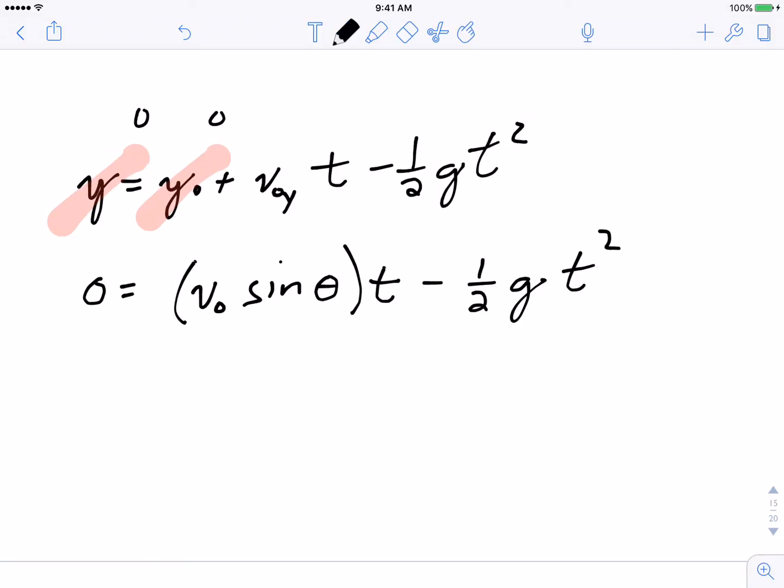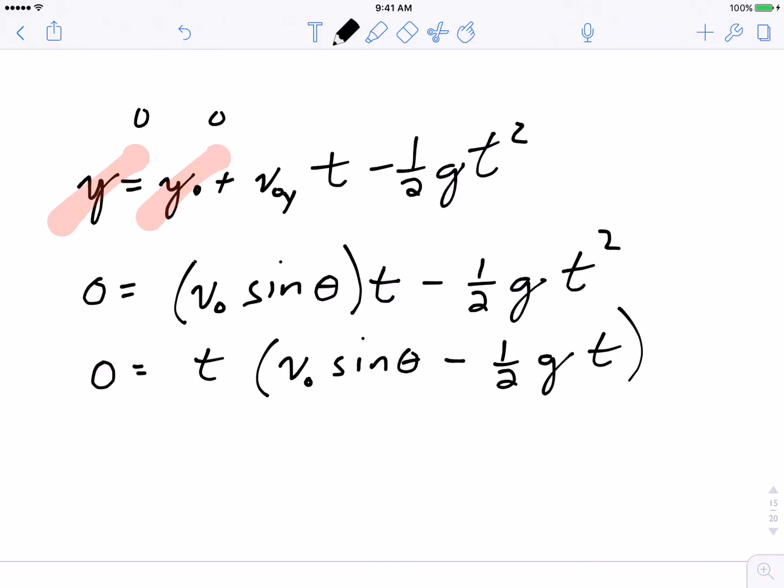So how would I solve this in math class? I would factor out a t. Remember, t is what we're looking for in this particular formula. So I've got t times VO sine theta minus 1/2 g t.